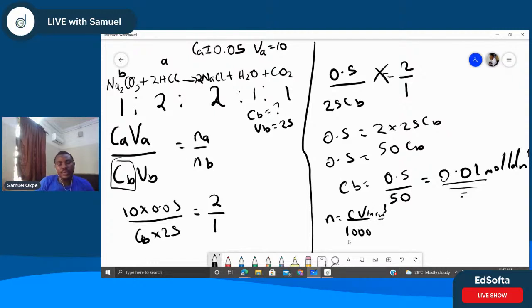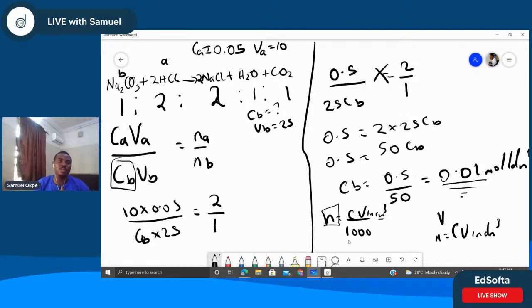If your volume is in dm cube, n equals CV. So you just put your CB, which you have here, put your volume, divide by 1000, and you have your number of moles. As you can see, the balanced equation they've given us helped us get the mole ratio, and with the mole ratio we're able to apply the formula to find the concentration.